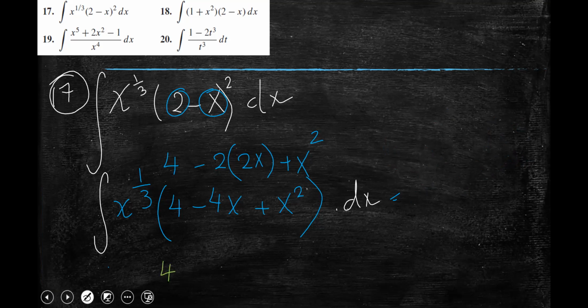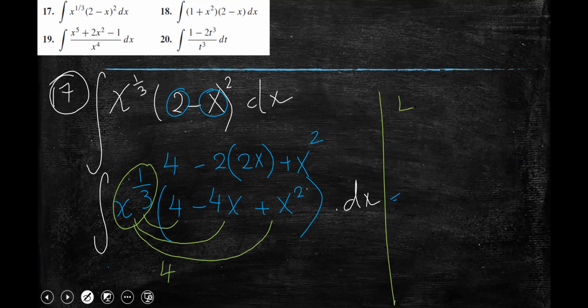Then the second step, I will use the distributive property. I will multiply x to the power 1 over 3 by 4 first, then by negative 4x, then by x squared. So I have 4x to the power 1 over 3, minus 4. Now look here, we have x to the power 1 and x to the power 1 over 3, so I will add the exponents. 1 plus 1 over 3, or 3 over 3 plus 1 over 3, is 4 over 3.